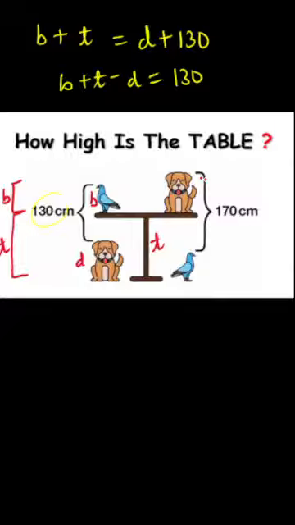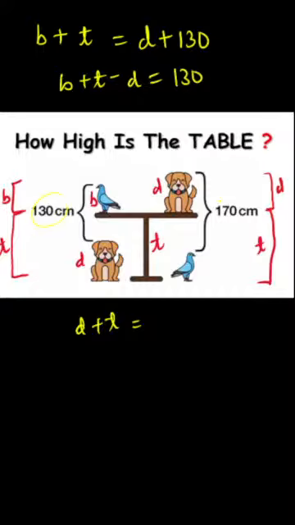Now let's look at the right hand side also. We have a dog on the table which can be marked as D, right? So this entire height is D, and from here to the base of the table is T. So D plus T is equal to 170 along with this bird, so bird plus 170.